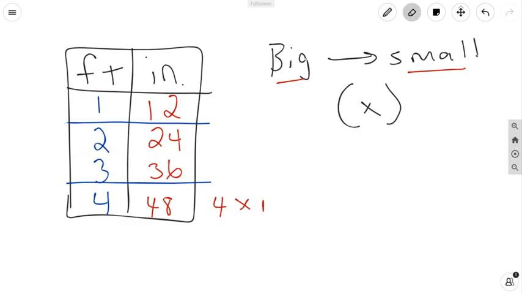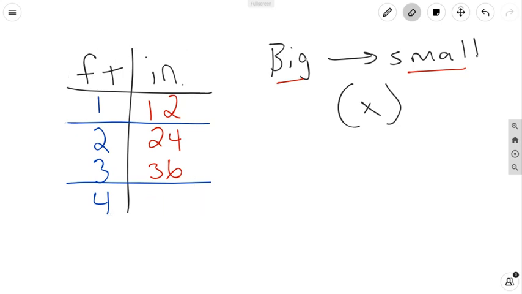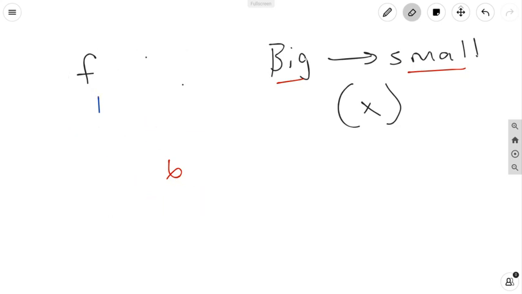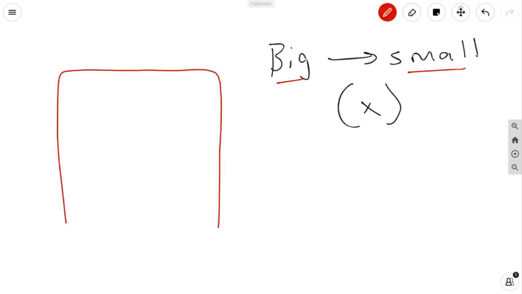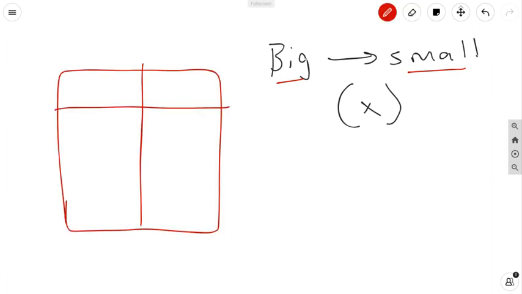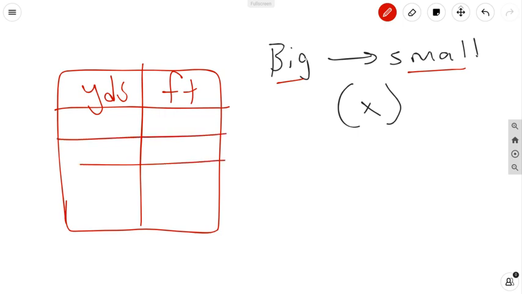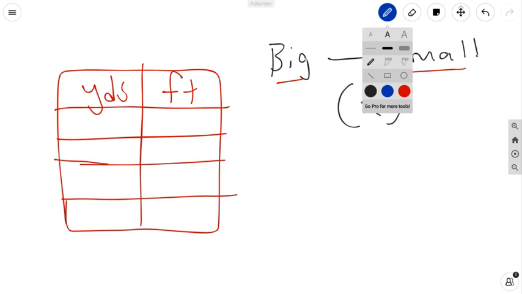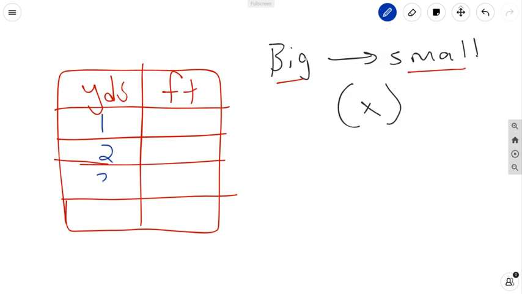I'll just do another table again. Let's go from yards to feet. Okay, again, big to small. Let's say we have 1, 2, 3, 4.